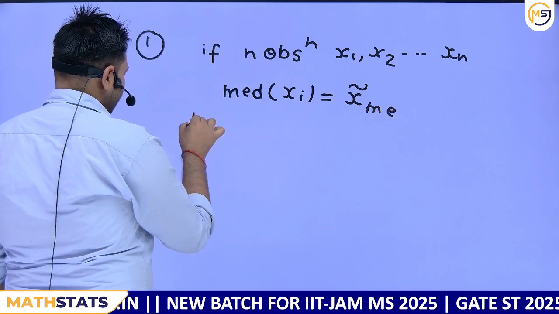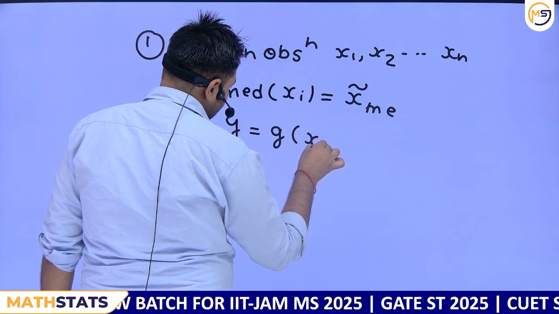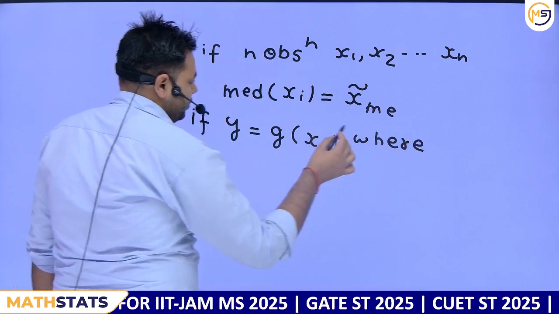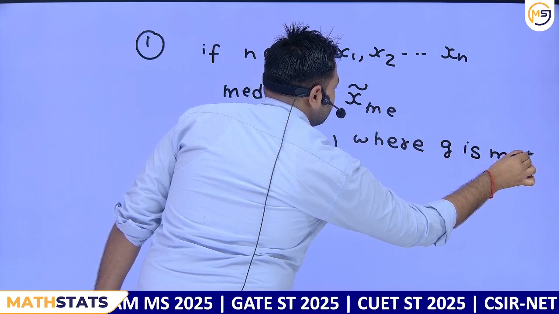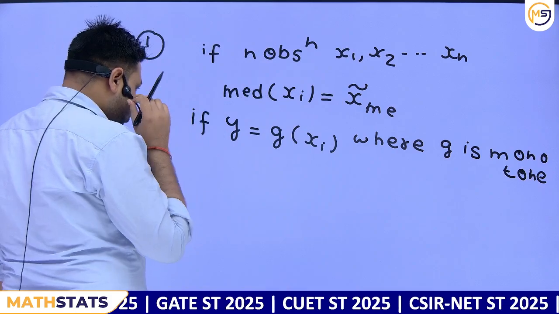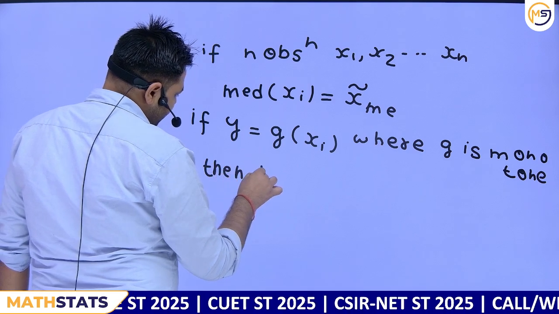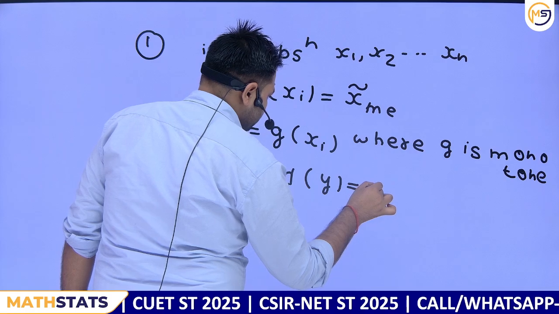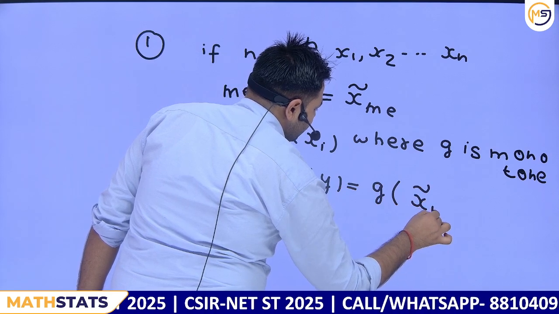Now if y equals g of xi, where g is a monotone function, meaning it is increasing or decreasing, then the median of y equals g of x tilde median.